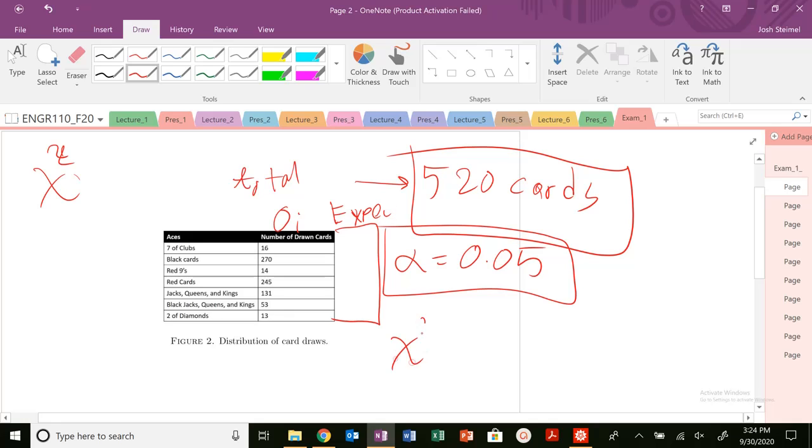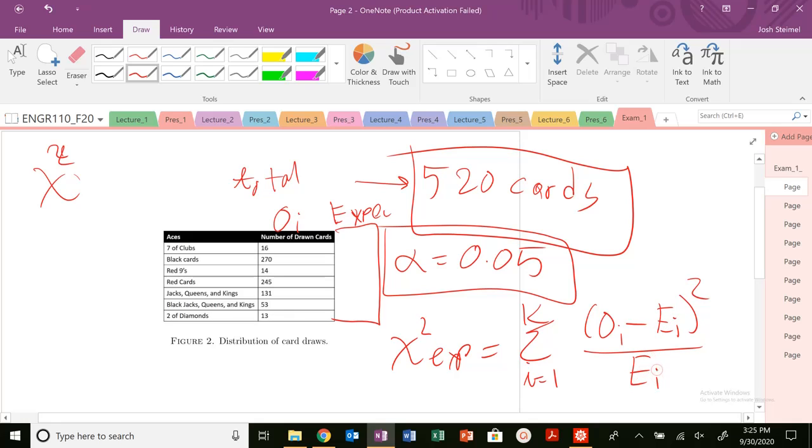Remember, our chi-squared experimental is equal to the sum from i equals 1 to k of the observed values minus the expected values, squared, divided by the expected values. That's it. So this is our chi-squared experimental.